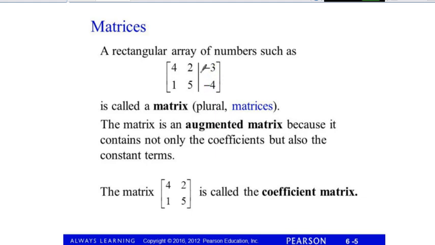In most cases, we won't show the line, but it's helpful maybe initially to recognize that that separates our coefficients from our constants here. If we look at just this portion of it, the 4, 2, 1, 5, that's our coefficient matrix because those are just the coefficients of our original system.